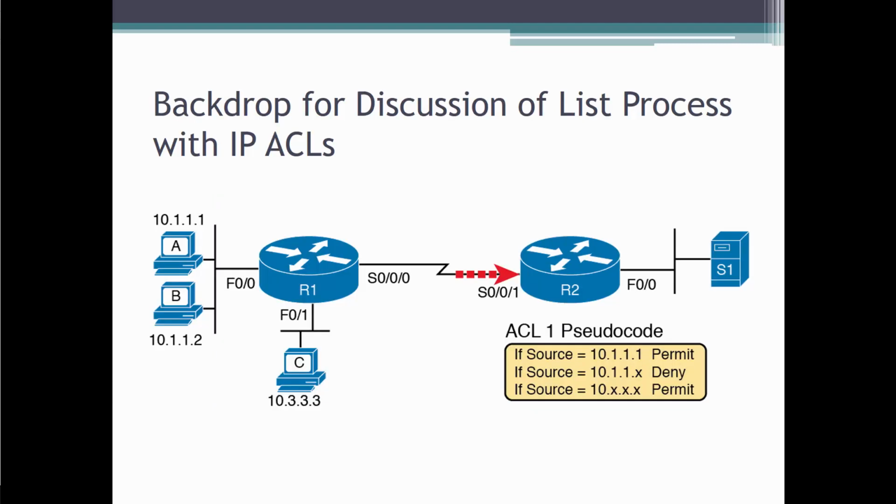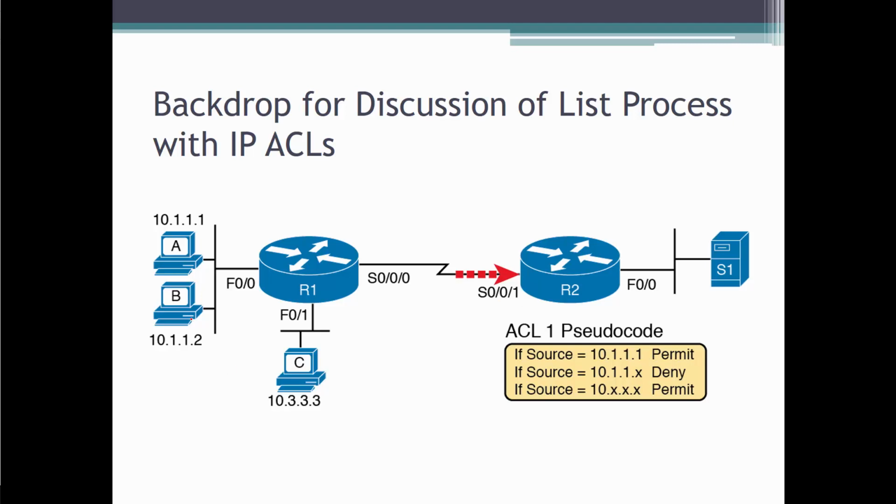The backdrop for our discussion of the ACL process is that you want to go from the most specific to the most general, because it's going to process line by line. It will start at the very top. If you are PCA, it'll ask, does this apply? 10.1.1.1, yes it does, so you're permitted.